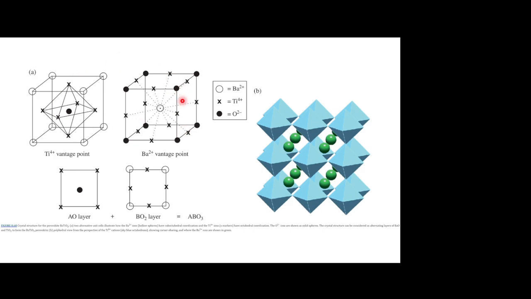So this right here would be a semi three-dimensional view. If we were to look at this as layerings, what we would see is this is actually our layerings for our B and A. So that's the A, B, and what we'd end up getting is an ABO3 layering.